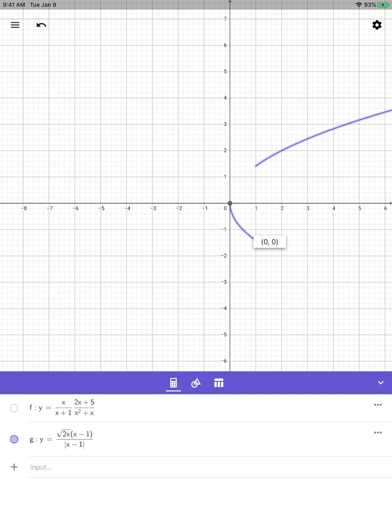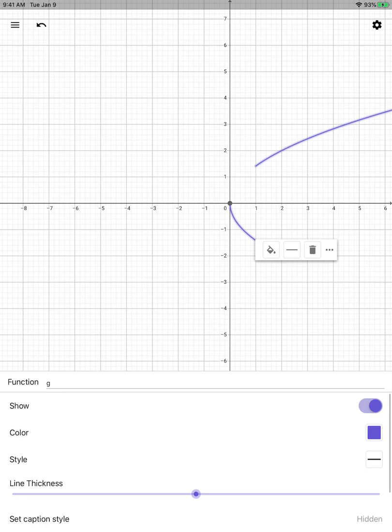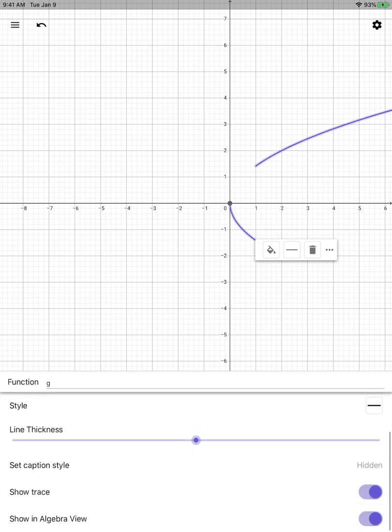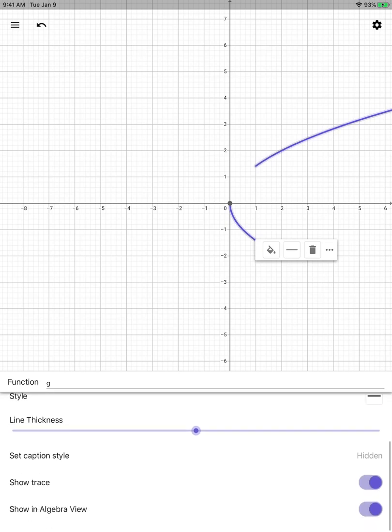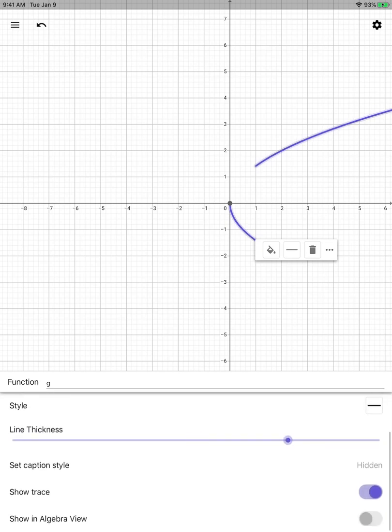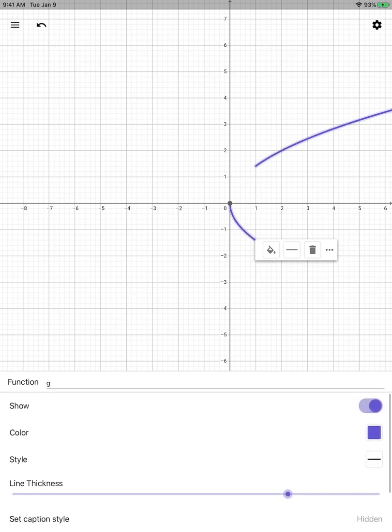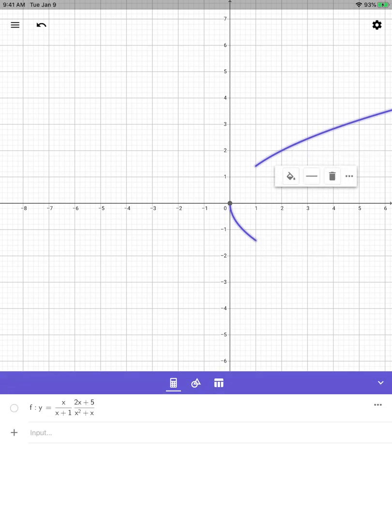And what you can see happens here is that it gets broken into two pieces here.